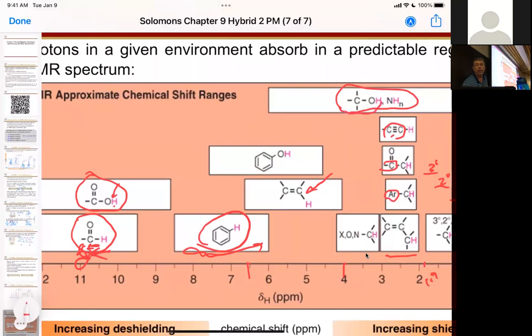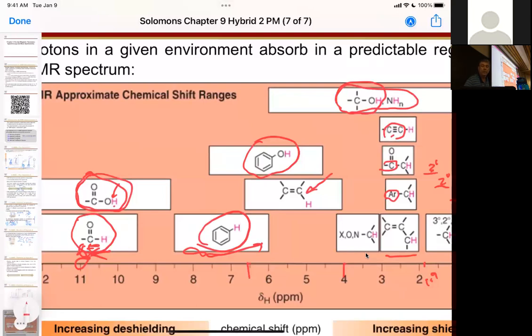Okay, so alcohols are pKa 16. Phenols are pKa 10. Carboxylic acids are pKa 5. See how they keep going down and down and down. The more acidic you get, the more deshielded you are. The more deshielded you are, the more downfield you are. The higher the number.